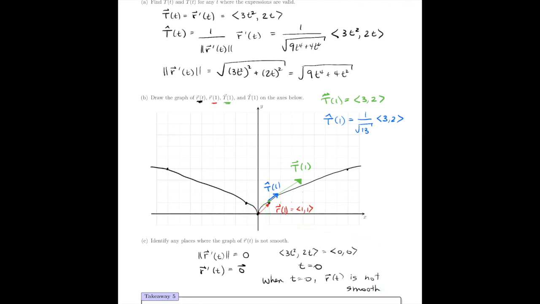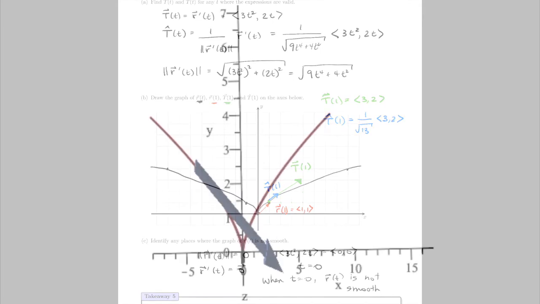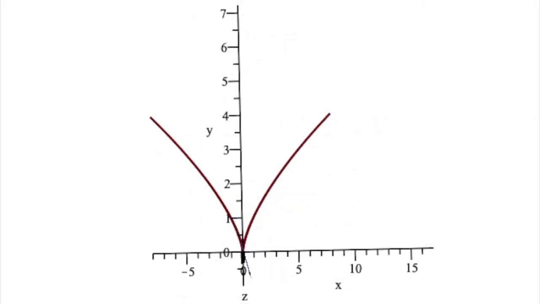Let's go and look at a little animation of this curve with tangent vectors moving along in the direction of the curve to see what that looks like, and then we'll come back and do takeaway 5. So here is an animation of tangent vectors moving along our plane curve. r of t is t cubed and t squared.